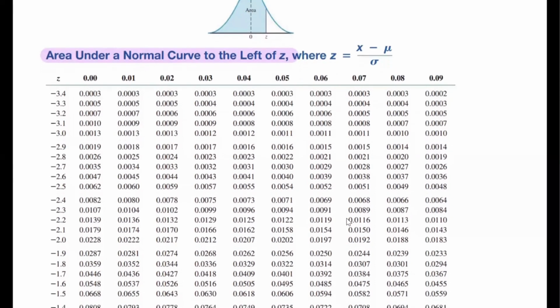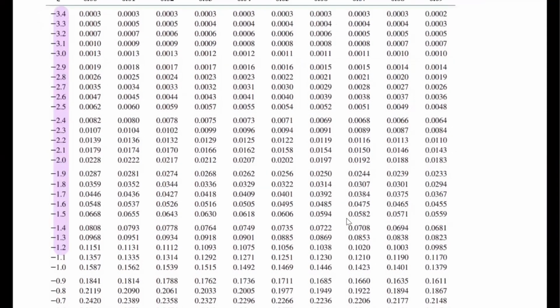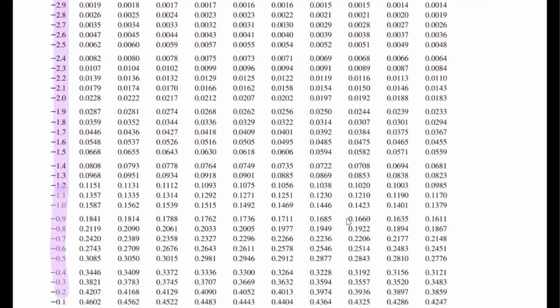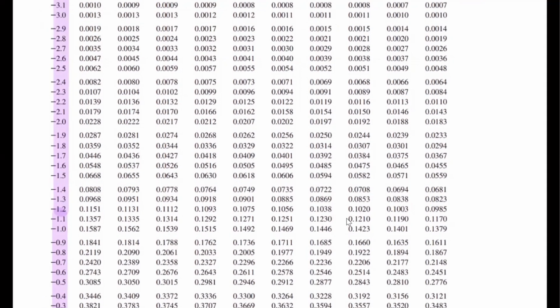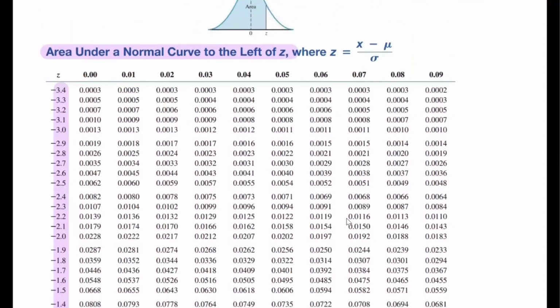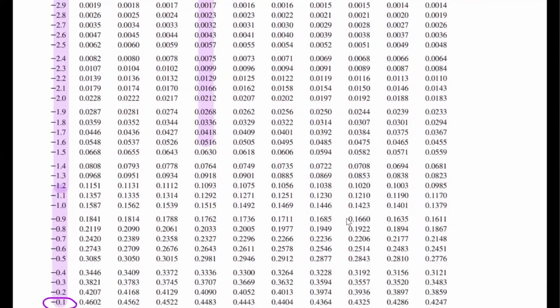Let's scroll down to negative 0.1. That's right here. And then 0.03, because that will give us negative 0.13. So we see where the two things intersect.